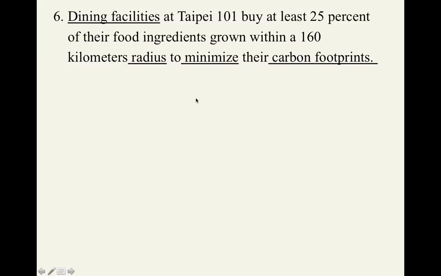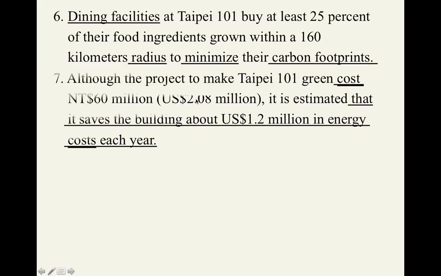Okay, and then the next point is although the project to make Taipei 101 green cost 60 million NT dollars, about 2.08 million US dollars, it is estimated that it saves the building about 1.2 million US dollars in energy costs each year, right?